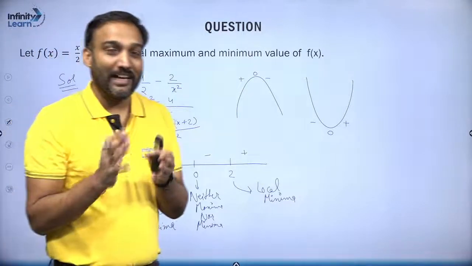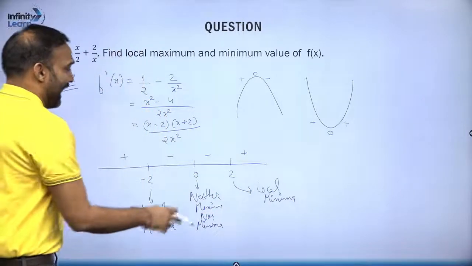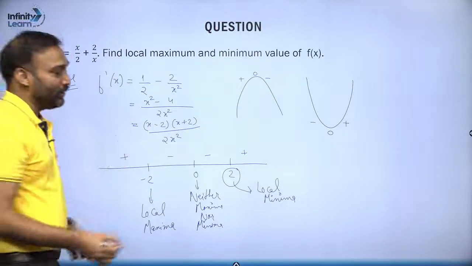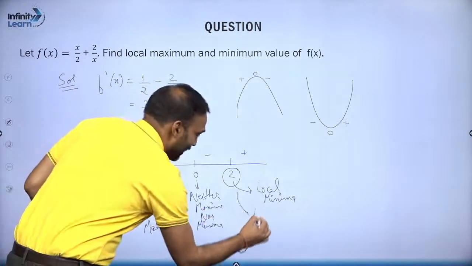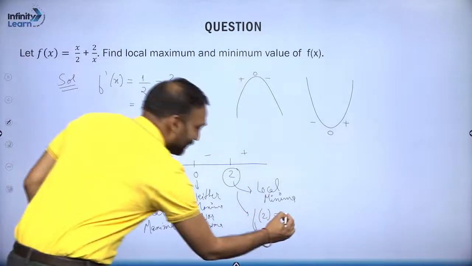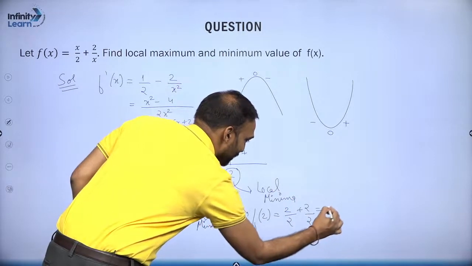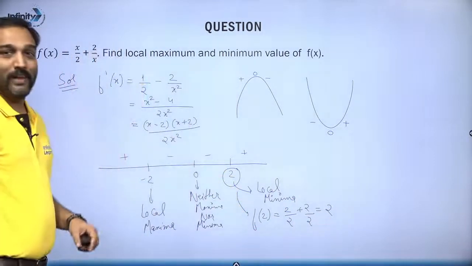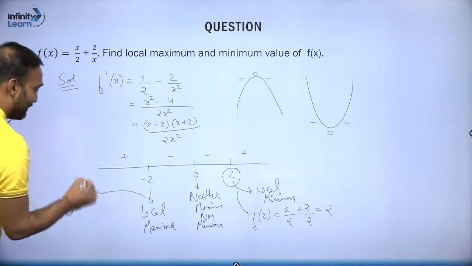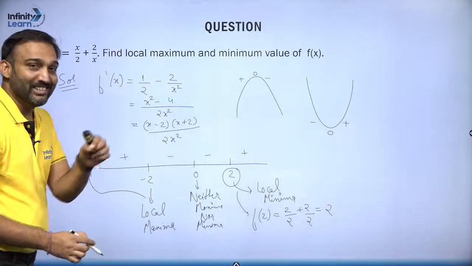I'll tell you an interesting fact over here. See, at point 2, you have a local minima. Let us find the value of the function. So f(2) is how much? I'll put x is equal to 2 over here. So I'll get 2 by 2 plus 2 by 2. So I'm getting 2. So local minimum value is 2. Let us find out the local maxima. Local maxima is occurring at x is equal to -2.